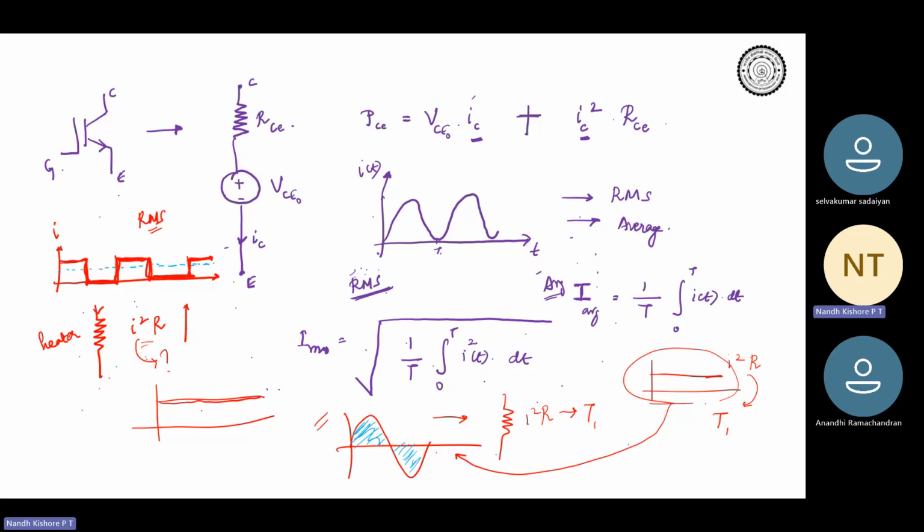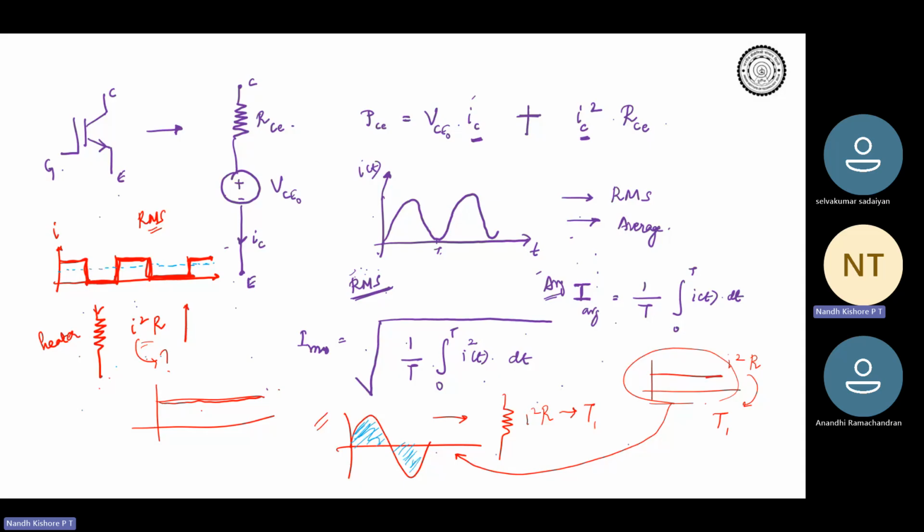So the average current is not responsible for the resistor getting heated up. There is something else in the sinusoidal current which makes the resistor get heated up. Agreed? Yes, sir. So that particular value of current, or whatever quantity is making the heater get heated up even though the average value of sine is 0, that is called RMS.